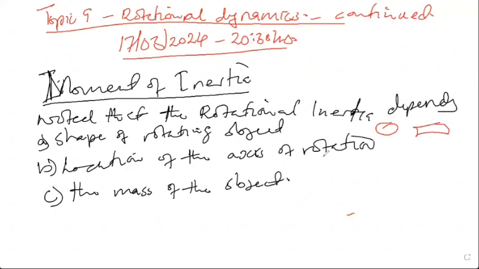For the location of the axis of rotation, we looked at 2 circles, one with the axis of rotation at the center, one with the axis of rotation at a different location. And for the mass, of course, a heavier mass compared to a smaller mass. It is easier to rotate a smaller mass, an object with much less mass, than an object that is heavier.